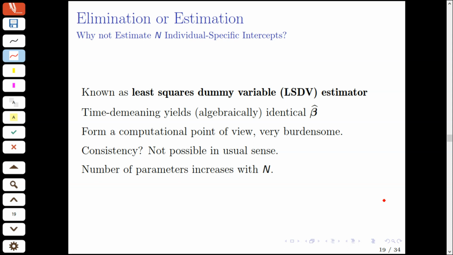Now, one may show that time demeaning, or the within transformation, sometimes just known as going within, yields an algebraically identical estimate of the beta coefficients. So from that point of view, we might as well do least squares dummy variables because it leads to the same beta estimates. However, from a computational point of view, the least squares dummy variable estimator is quite burdensome.